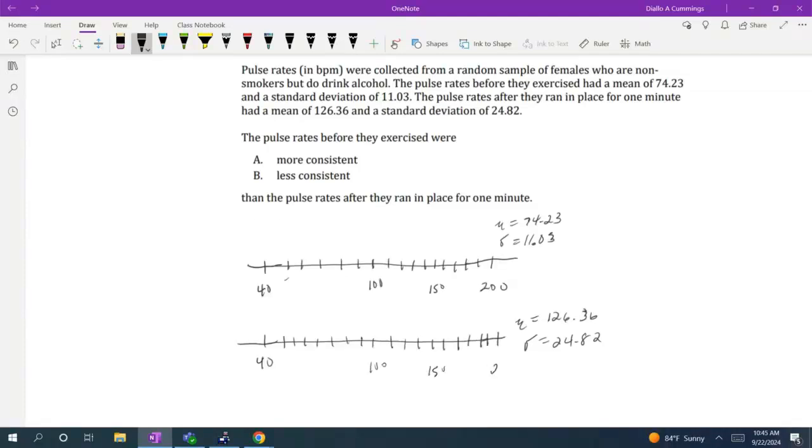Okay, so these scales are supposed to line up. So if we look at the first one, it has a mean of 74. So that's 40, 50, 60, 70. So this is roughly the mean.